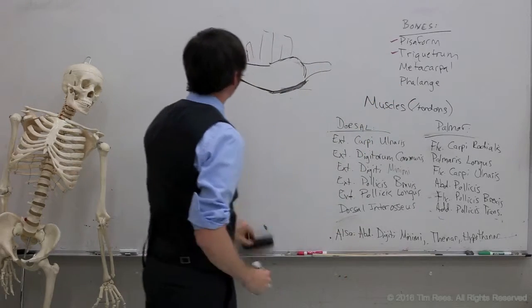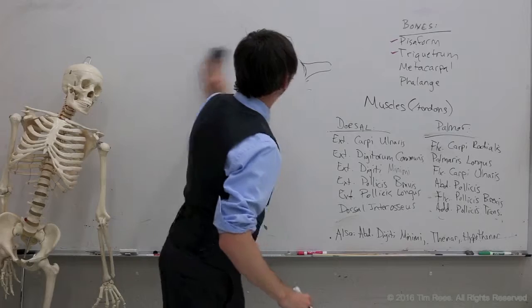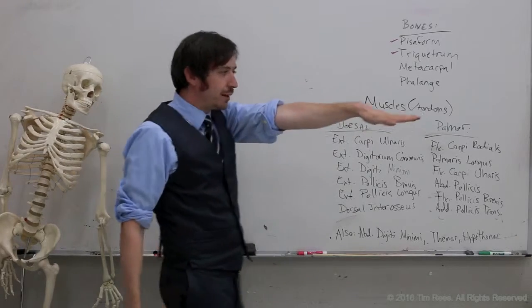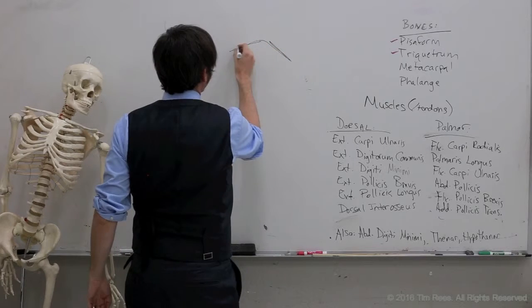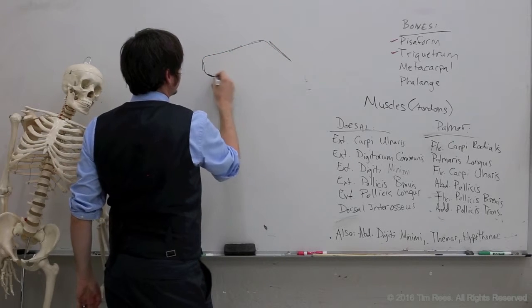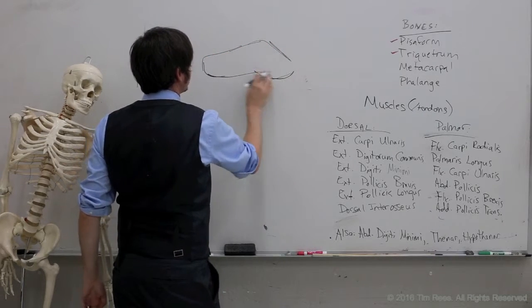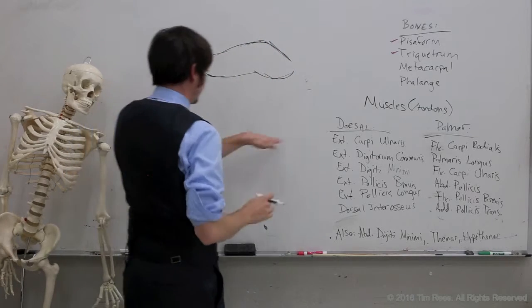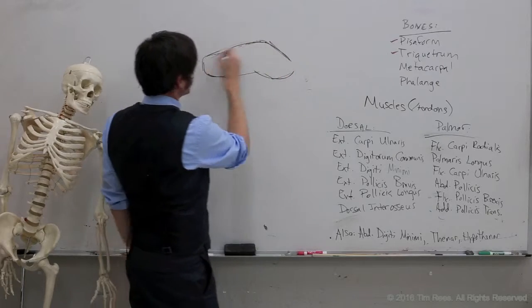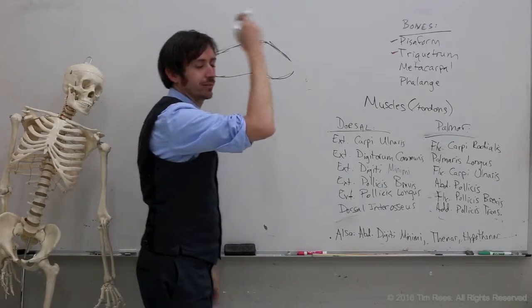So if we were to flip it around and take a cross section now, looking at the top of our hand like this, we would see the thumb side sloping into the pinky side. And this is the back of our hand. We have to have this curvature.